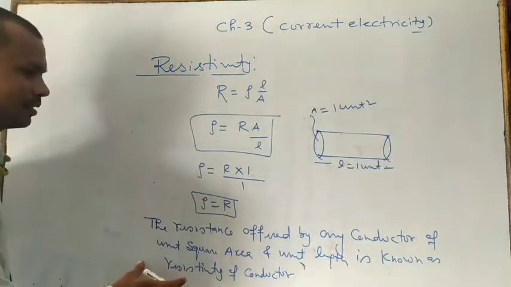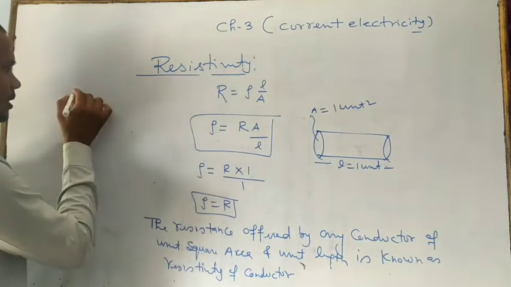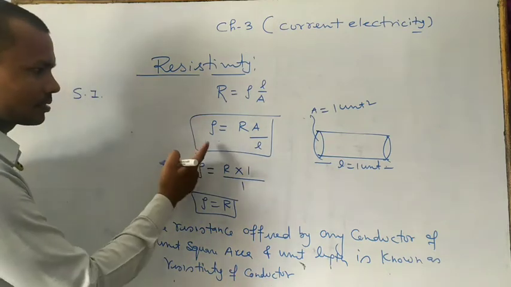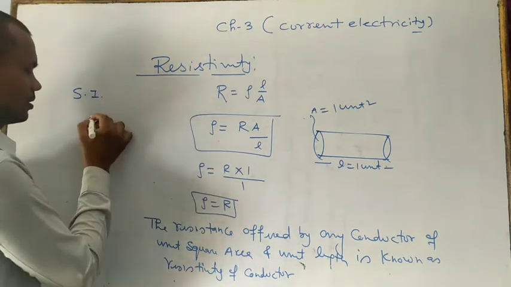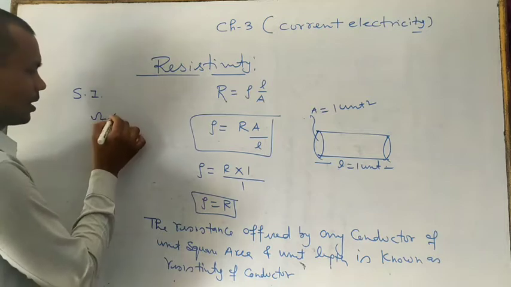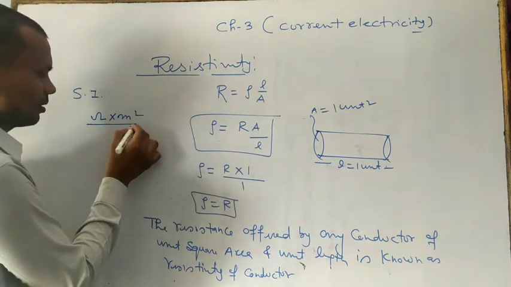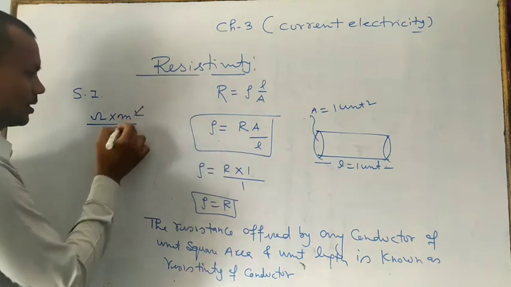So here, if you want to write the SI unit of this resistivity, for writing the SI unit, our resistance is in ohm, and then the area is meter square and the length is meter, so this cancels out.